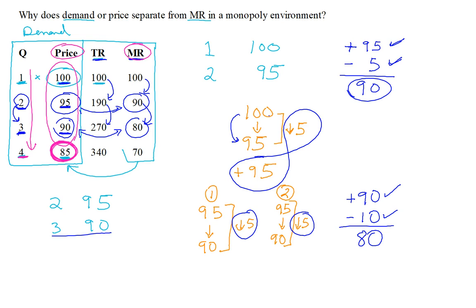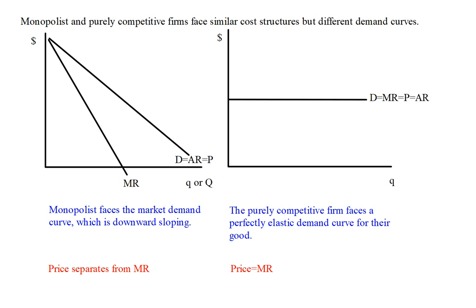Okay, so let's just take a quick look at what this then looks like on the graphs. So what's going to happen on the graphs is, you have the monopolist over here on the left. This is the monopoly graph, and this is a graph of a company in pure competition. And so what's the difference between these?